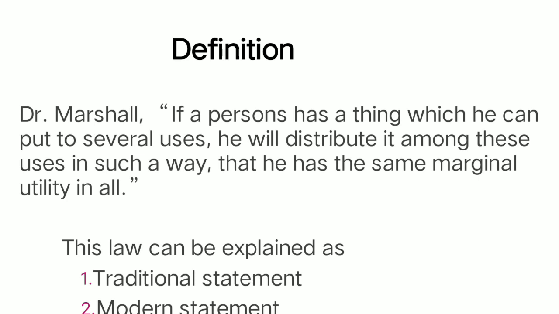Okay, so here we should consider the same marginal utility. This law can be explained in two ways: number one is the traditional statement, and number two is the modern statement.